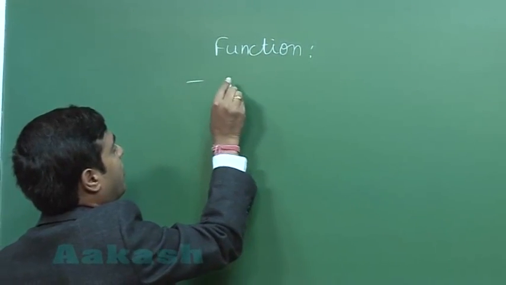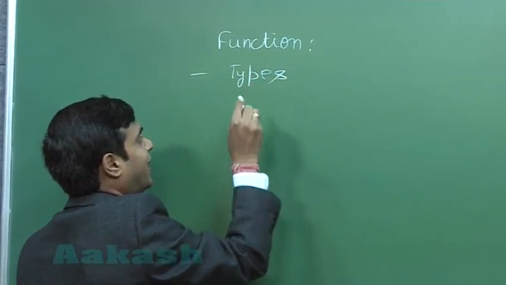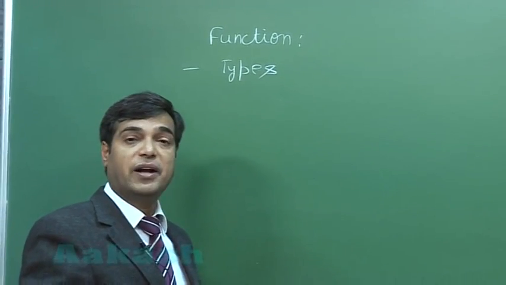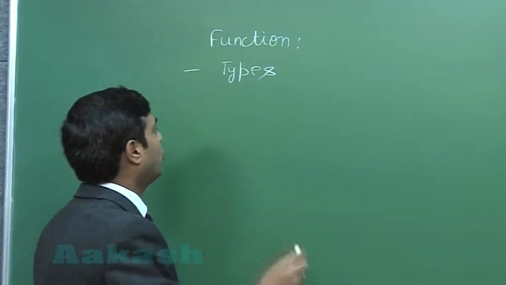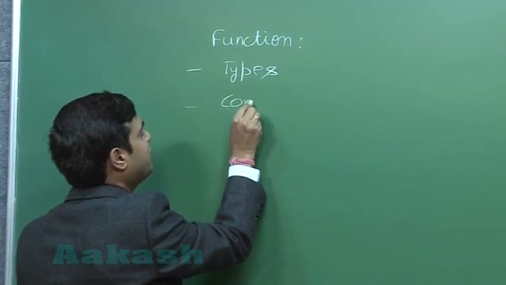So we will be talking about first types, that is one-one, many-one, onto and into. Then we will be discussing composite function.